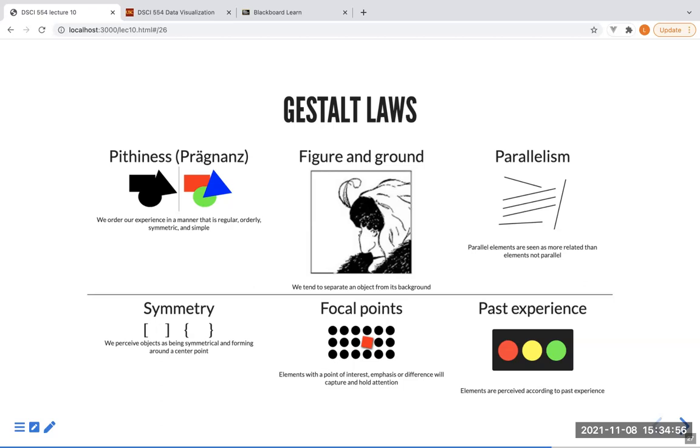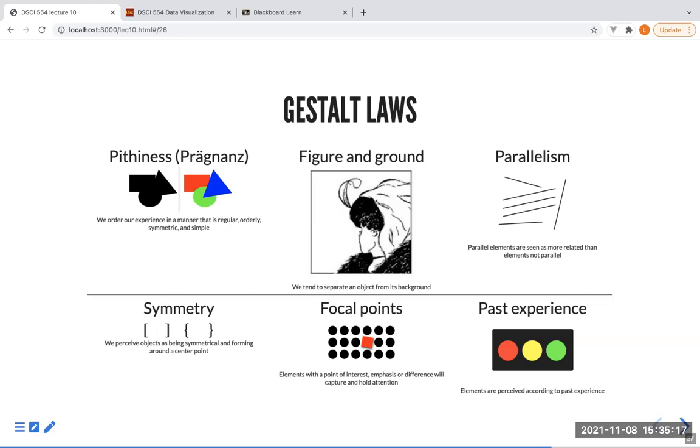And we see those shapes because we separate them from the background, that is materialized by the line around. Parallelism, parallel elements are seen as grouped together. That's a little bit of a grouping law. See this again.